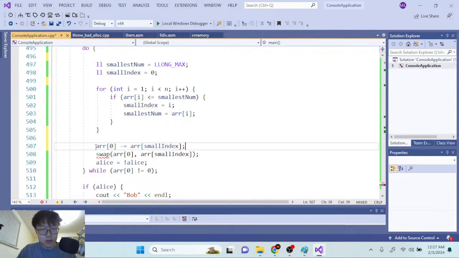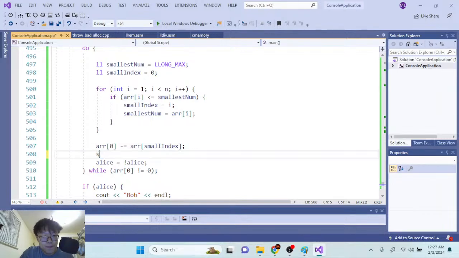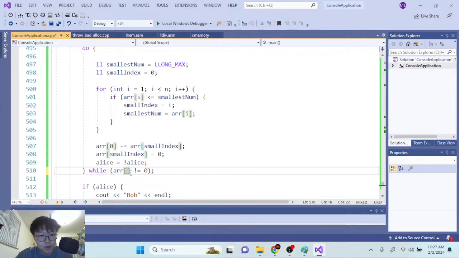Right? We're not going to swap. And then we set R at the smallest index, the one at the smallest index, to 0. Alice's turn, so now it's going to be Bob's turn, when this is not equal to 1.